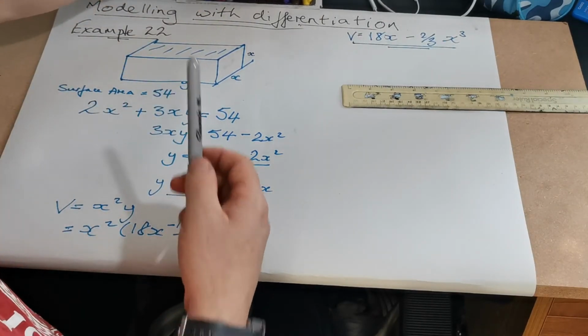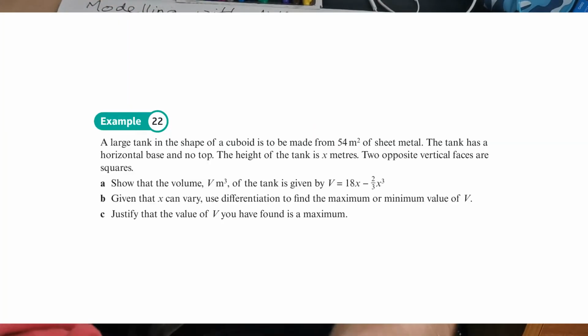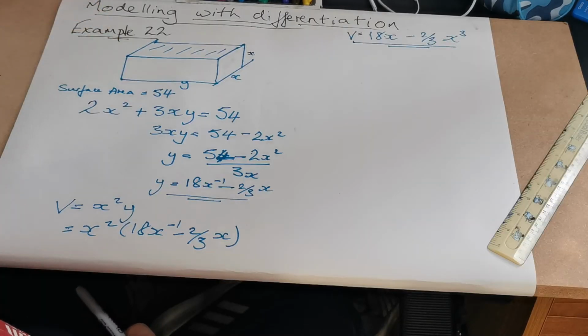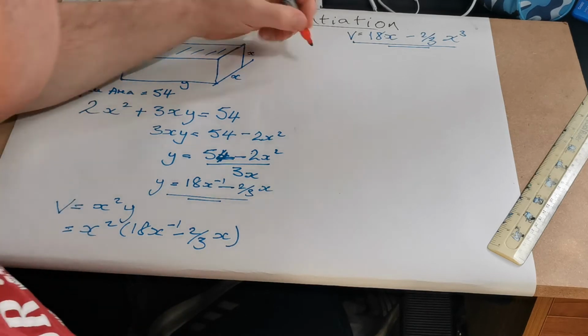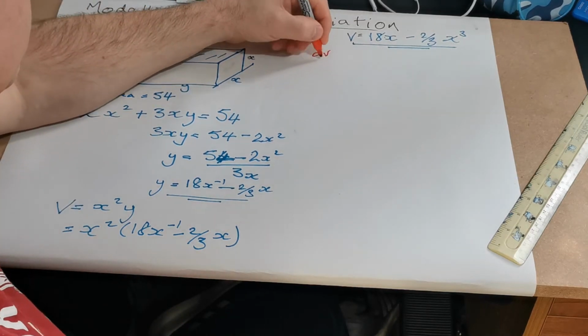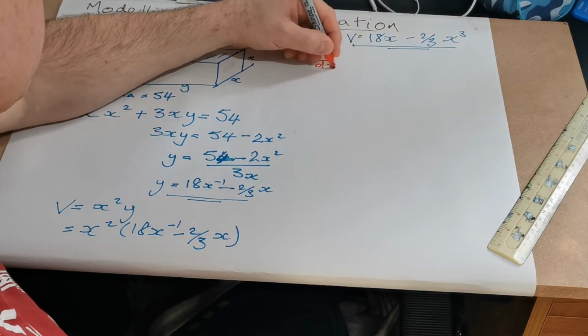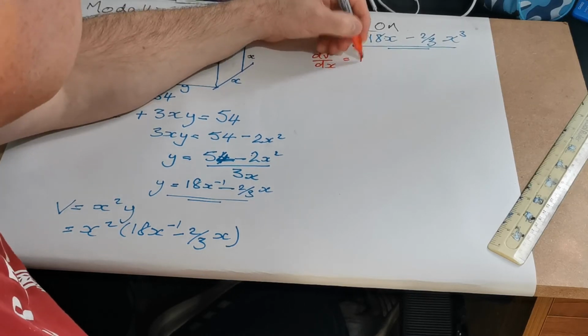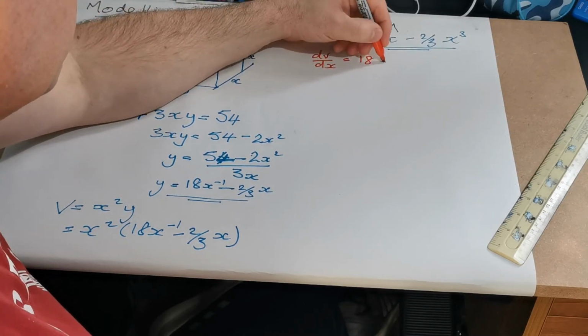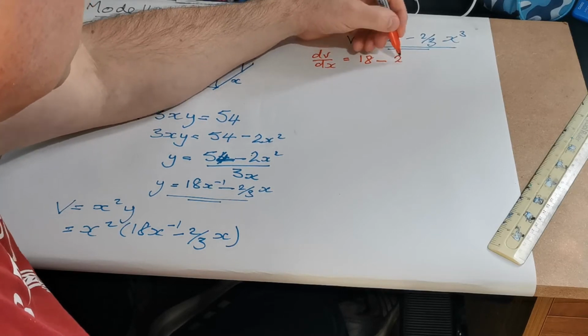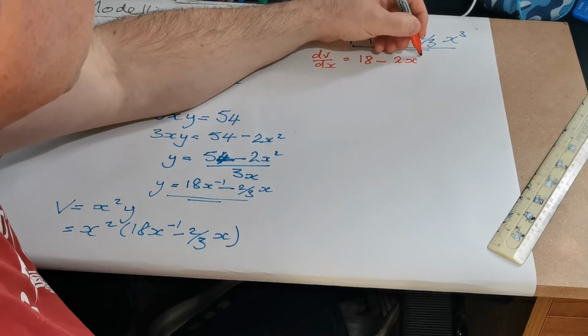Now, question B says given that x can vary, use differentiation to find the maximum or minimum value of v. So how v changes when x changes is dv by dx. I'm going to say that is 18 minus 2x squared.